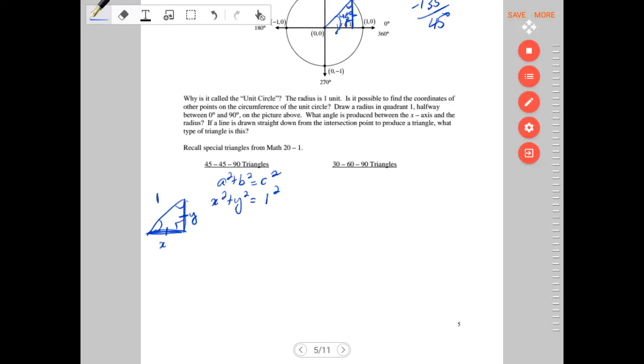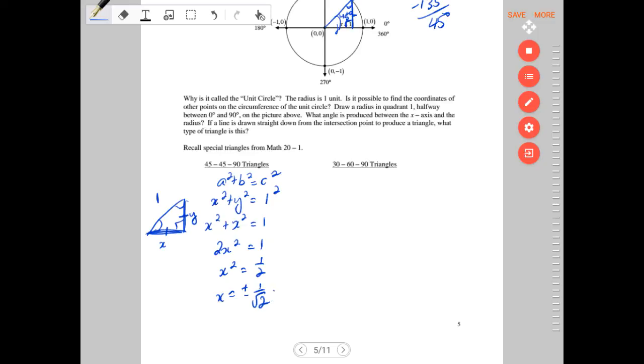Now, in this case, because it's isosceles, I know that x equals y, so in place of y, I'm going to put another x, so that I get x squared plus x squared. That gives me 2x squared if I collect like terms, and now I can solve for x. Square root of 1 is 1, square root of 2 I can't do, so I have to leave it as a radical.